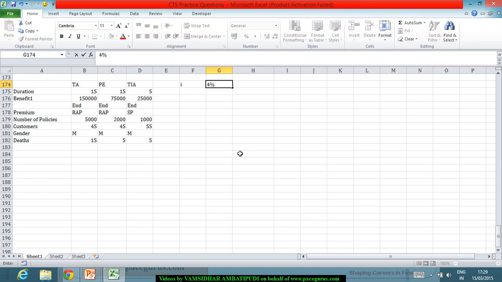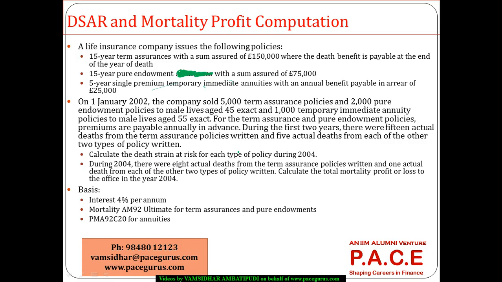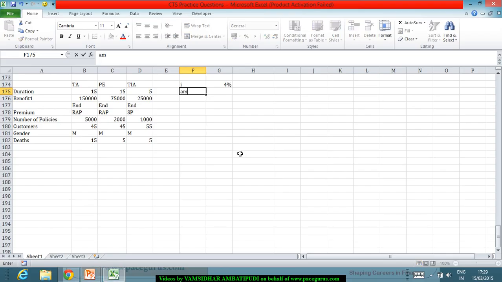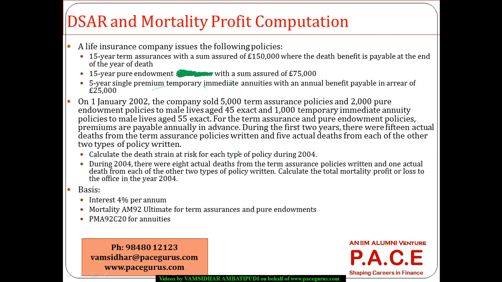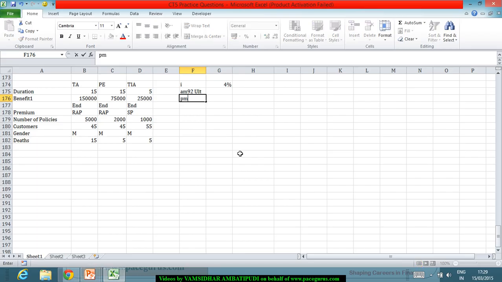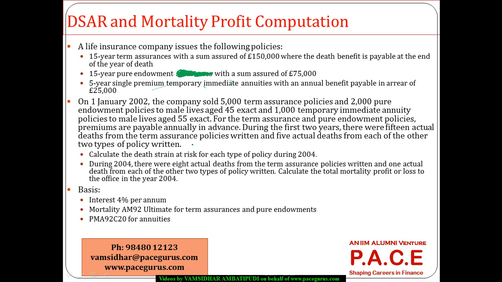The interest rate is 4%, and I'm using the AM92 ultimate table, whereas for the annuity it's PMA92C20, which is the table I'm following for this. Fair enough. Now let's get started with the calculation one by one.